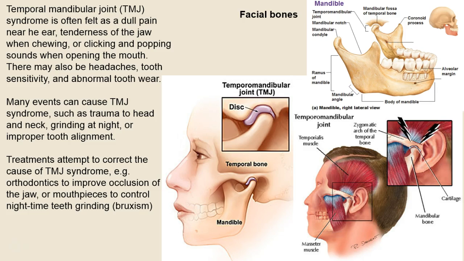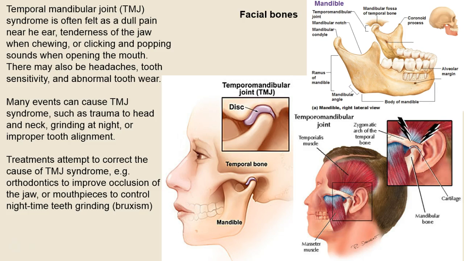Many events can cause TMJ. Trauma, certainly, such as an accident or a sports injury to the head or neck. Grinding at night, called bruxism. Some people grind their teeth during the day as well. And improper tooth alignment. So to treat TMJ, it's not just a blanket procedure. Okay, it depends on the cause of the TMJ.